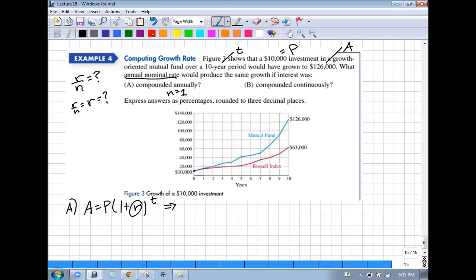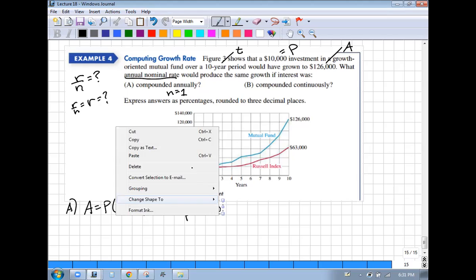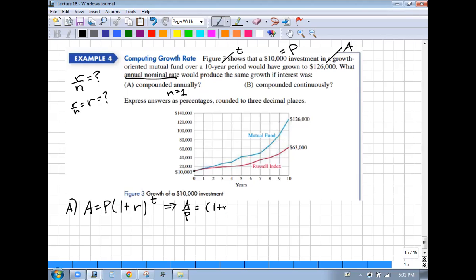If I'm trying to solve for R, I could divide both sides by P, and then I would have this, right? Now I got to get rid of this exponent. So what I could do is pick your favorite log. If I do natural log of both sides, I get that.